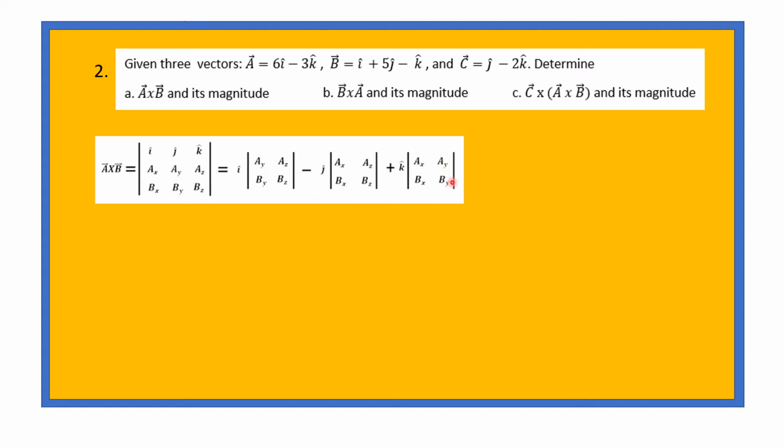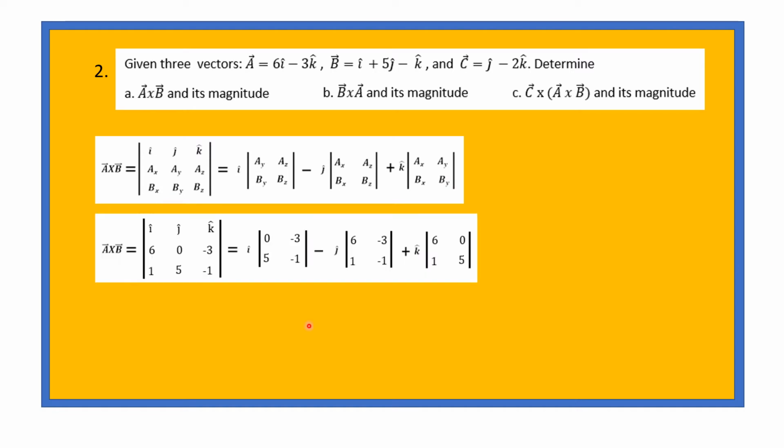After that, we are going to multiply. But first, copy i hat, j hat, and k hat, then put the numbers. For A, AX is 6.0, then we have 0 for the y component of A, and then minus 3 for the z component. These are the components of A: AX, AY, and AZ.